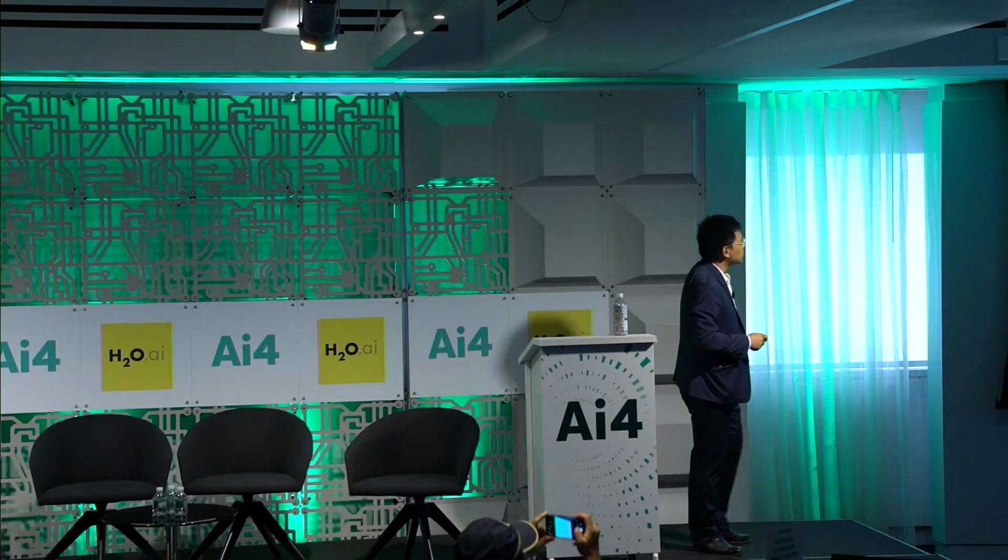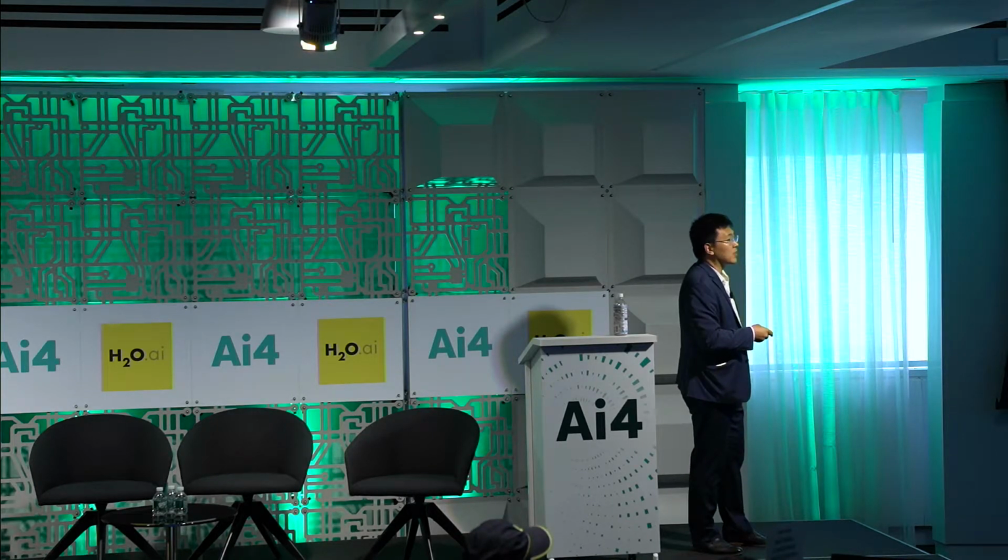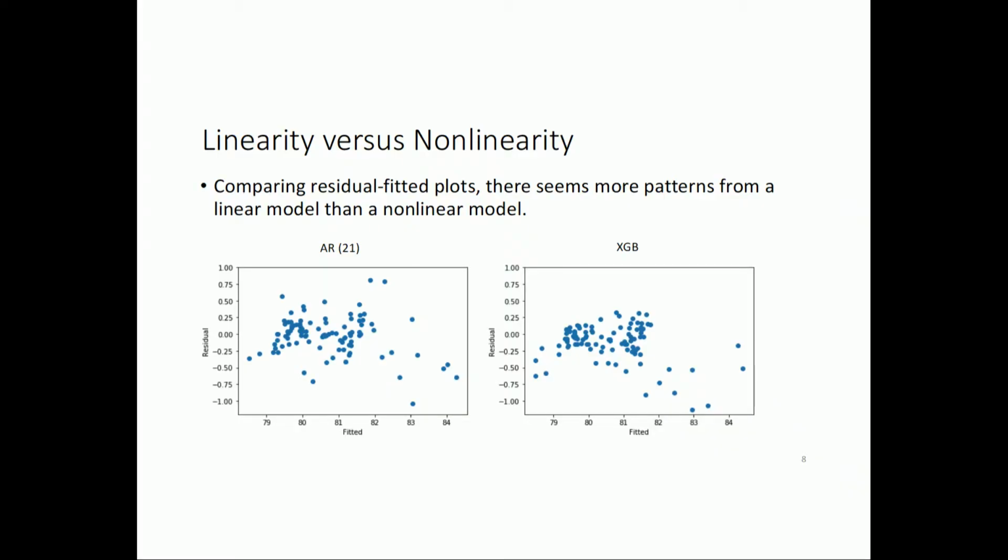I'm also interested in the relationship between the input and target. Here, if we just run the time series regression, X is the prediction, Y is my residual. If you see a pattern, because this is a linear regression model, there are some nonlinear patterns within the data. However, if you use, let's say, a machine learning model, you see there's some noise, but the pattern is condensed.